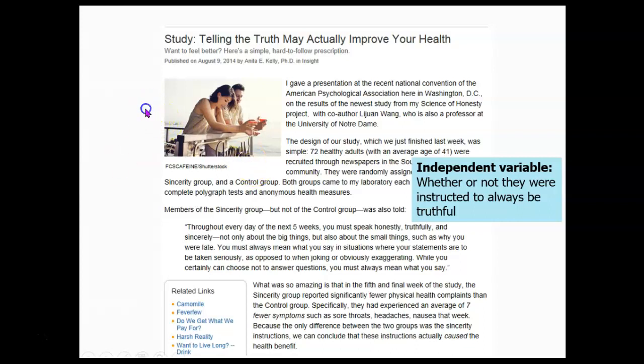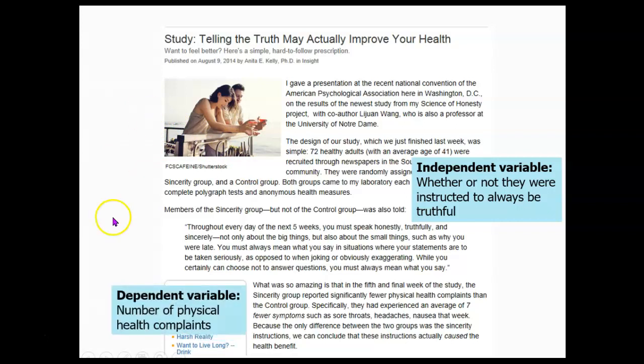And then the dependent variable would be the number of physical health complaints that they reported, the number of symptoms they had, like headaches or nausea. So if that really did depend on which group they were in or whether or not they were always truthful, then we can say, oh, there's a relationship there. This depends on that.